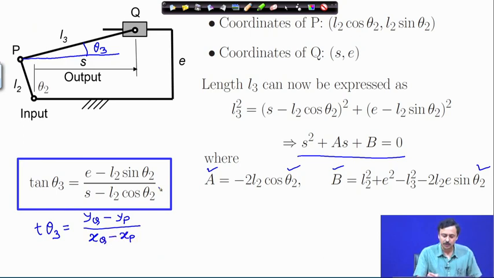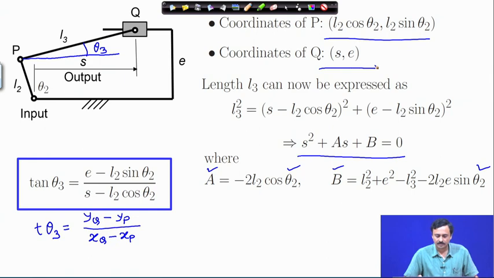So, if you just substitute these expressions of y q, y p, x q, x p from here, then you will get this expression of tangent of theta 3. So, once I have found S, I will substitute in this expression and I can calculate theta 3.